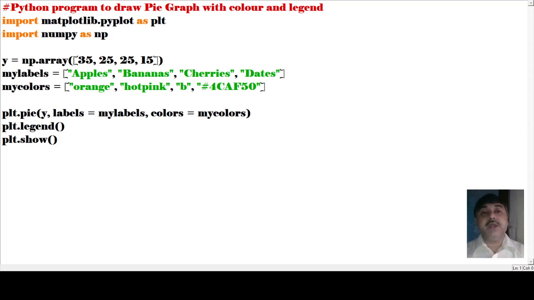Now my colors means I am giving some colors there. You can give many colors. Suppose I have given orange, then hot pink, then B for black, which is a code of a color.